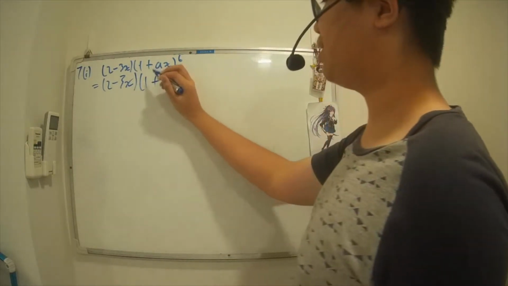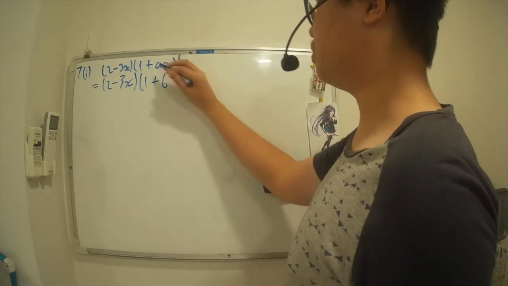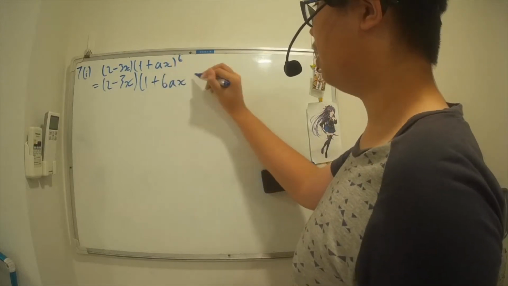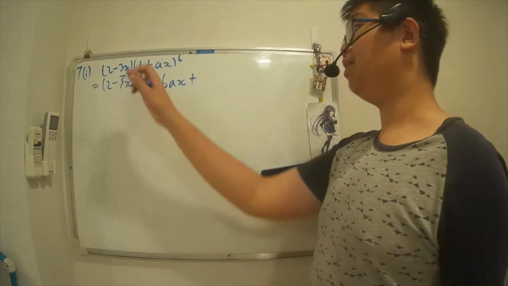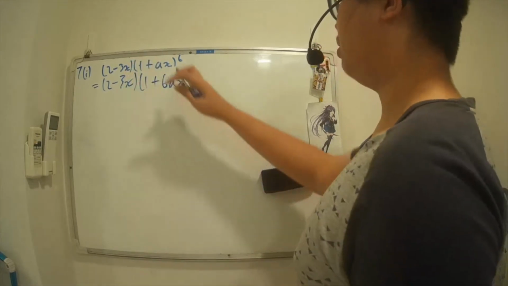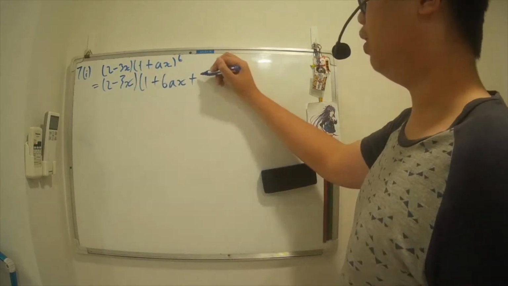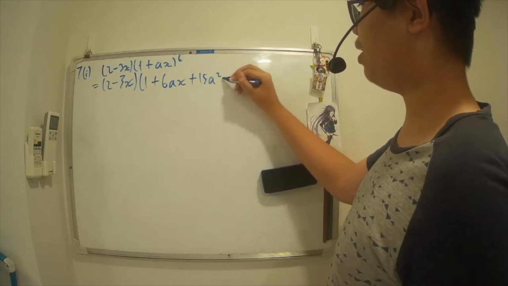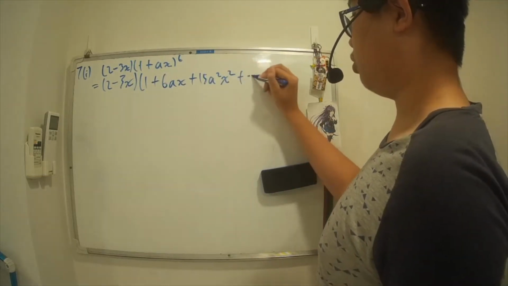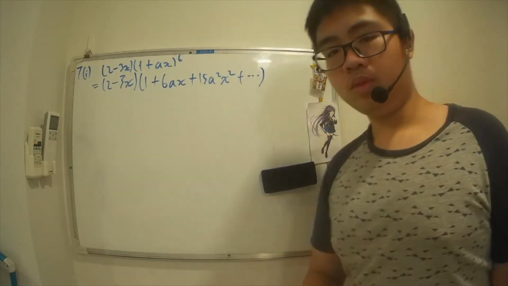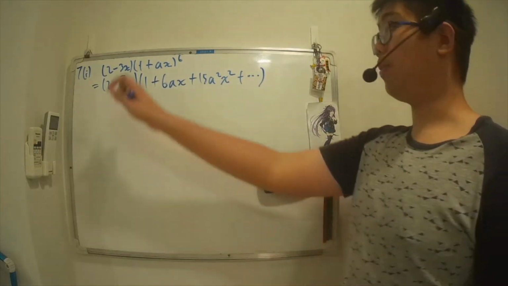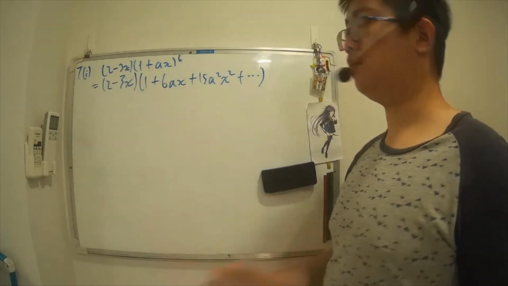6 choose 1 is just 6. So this is 6, this is still 1, this is ax, plus 6 choose 2, and then this is still 1, and then 6 choose 2 is 15. So you have 15 a squared x squared, and so on and so forth, but we're going to stop here. To find the coefficient of x, we must consider this and this, this and this, right?